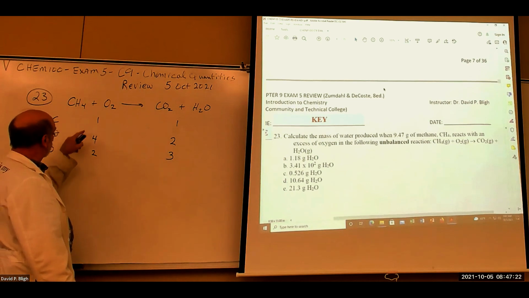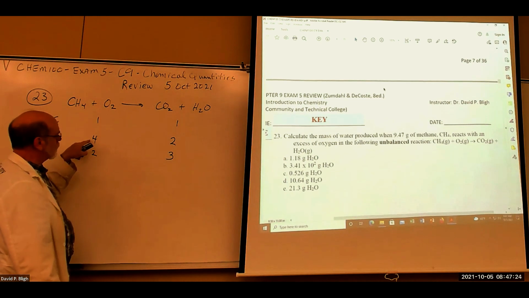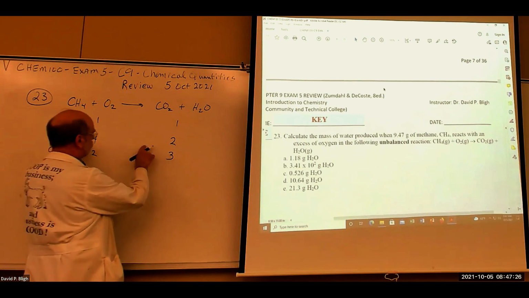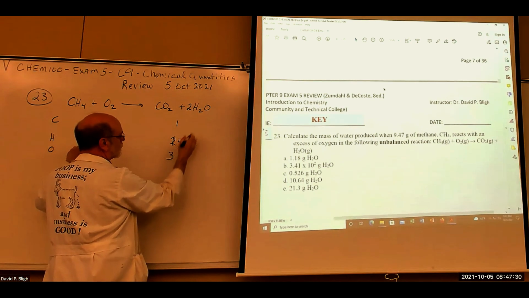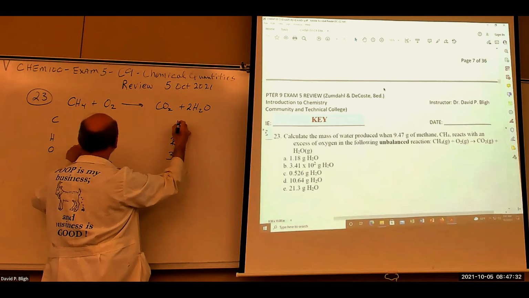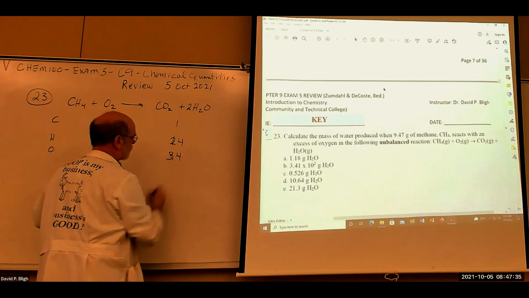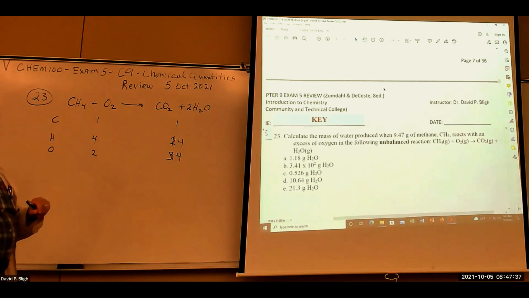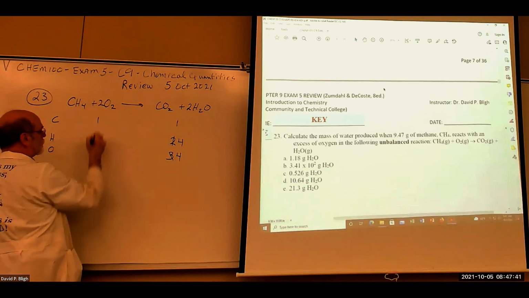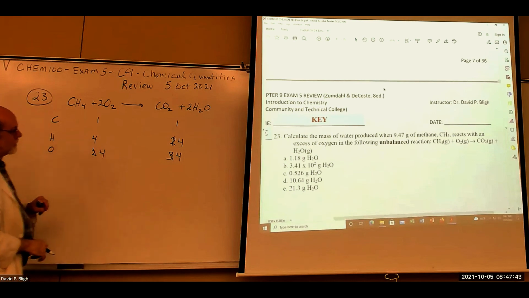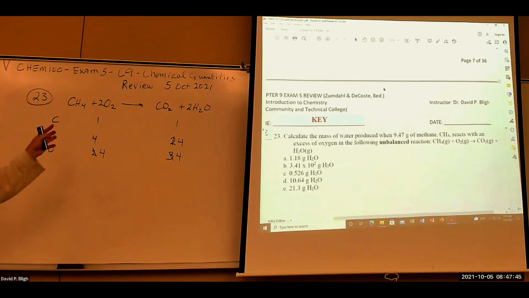Carbons are already balanced. Let's go for hydrogen next. So we need 4 hydrogens. That gives us now 2 plus 2 is 4 oxygens. All right. So we can balance the oxygens with a coefficient of 2. There you go. Now we're balanced.